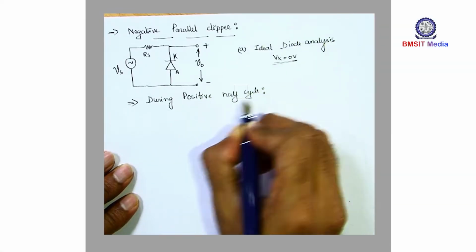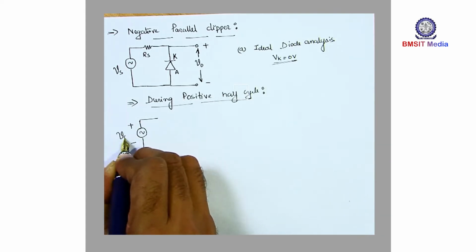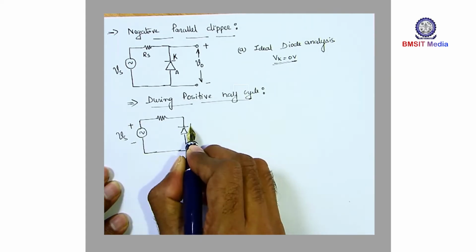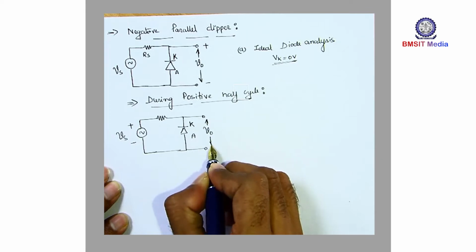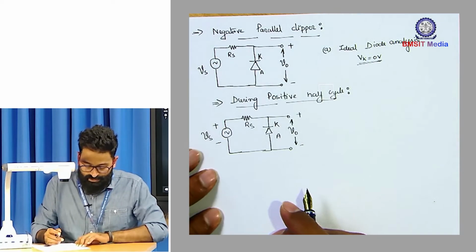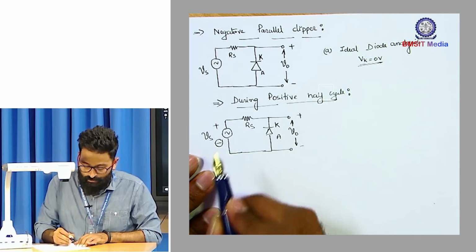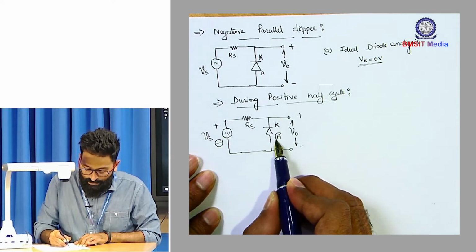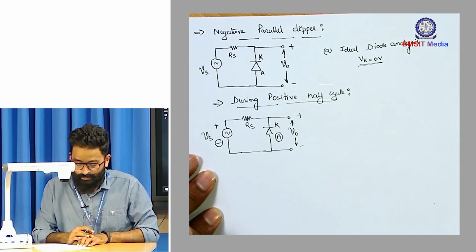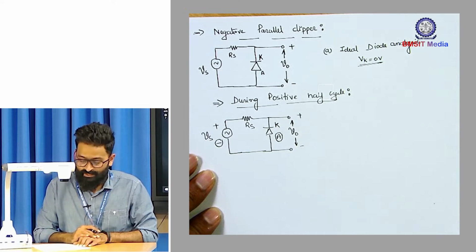So let me write during positive half cycle. Let me redraw the circuit with the polarity for positive half cycle. As you can clearly observe, for positive half cycle, the negative terminal of the source is getting connected to anode terminal of the diode, and the positive terminal of the source is getting connected to cathode terminal of the diode.